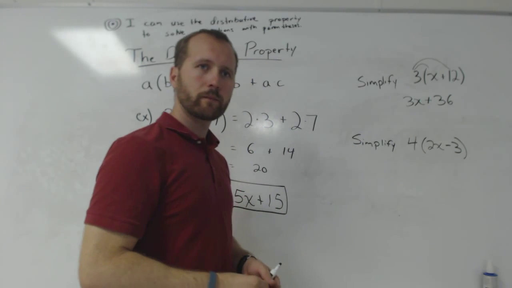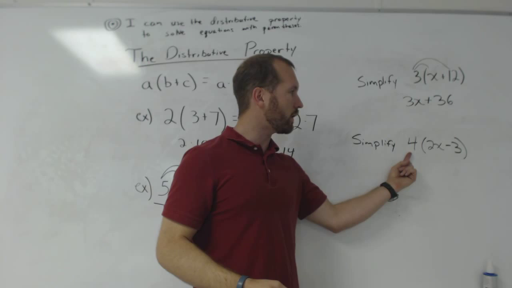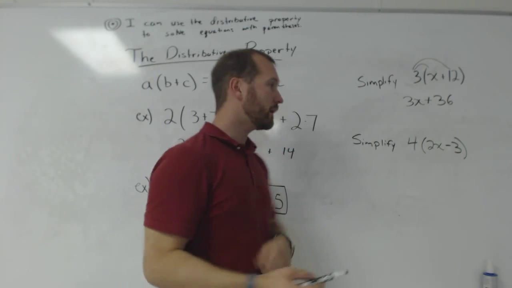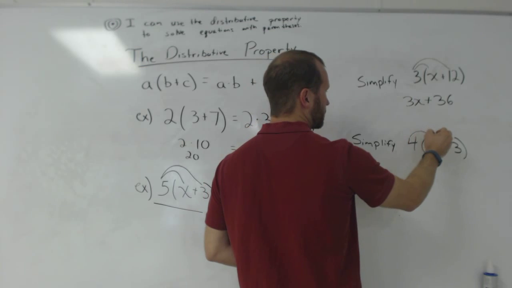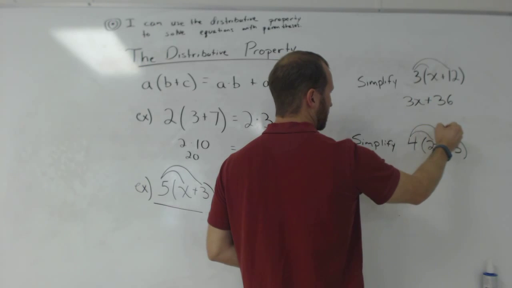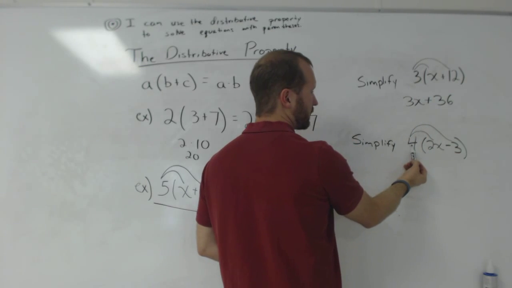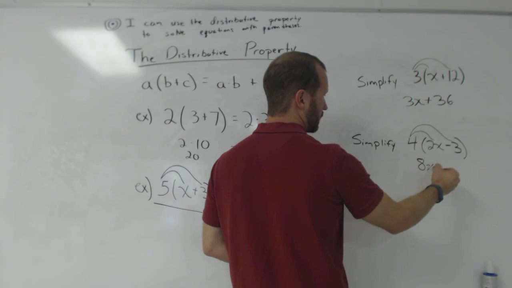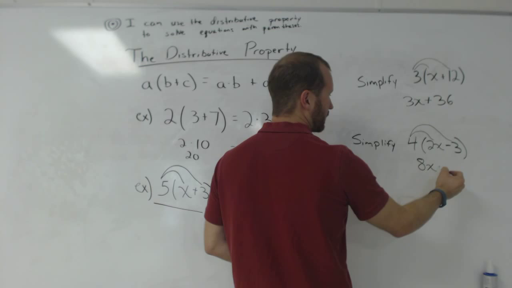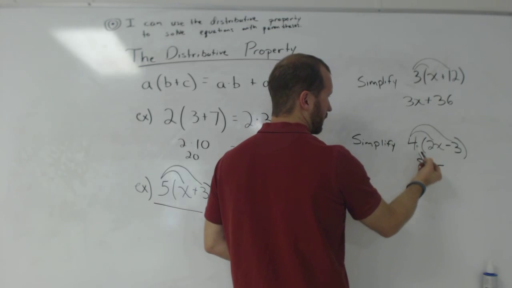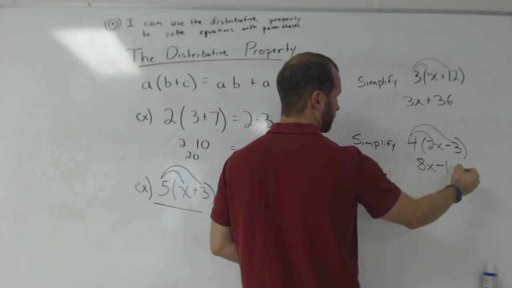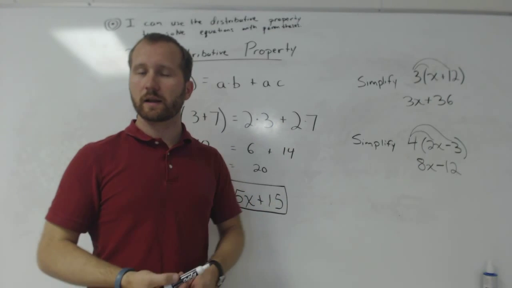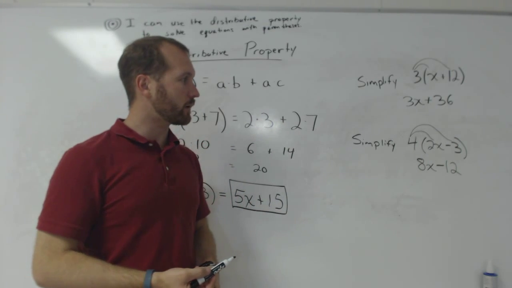So I can still take my 4, multiply it times my first term, and multiply it times my second term. So let's draw my little arrows. 4 times this, 4 times this. What is 4 times 2x? 8x. And I'm just going to keep the minus. So I'm just going to say minus. What is 4 times 3? 12. That's it. I've simplified that.